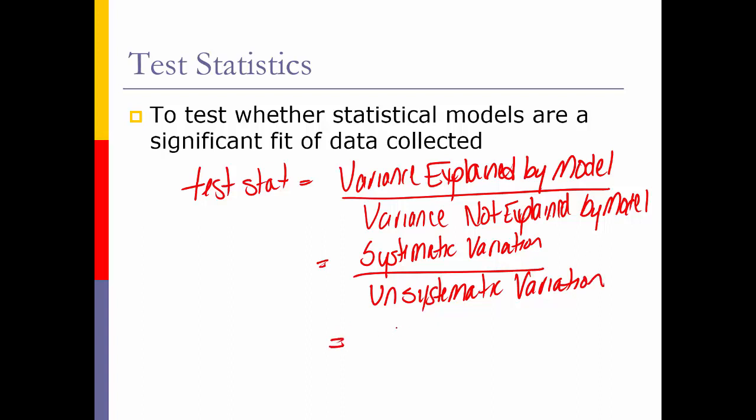And that really is nothing more than the effect divided by the error. So that pretty much explains what the test statistic will look like. And it doesn't matter if it's a t-test, ANOVA, anything. This is essentially what the test statistic states.